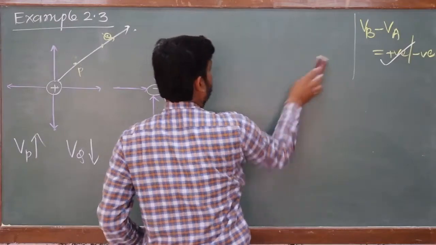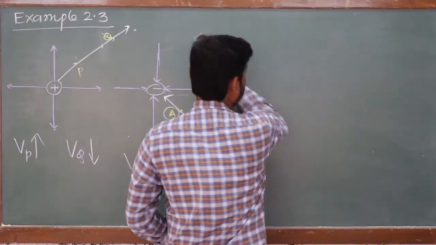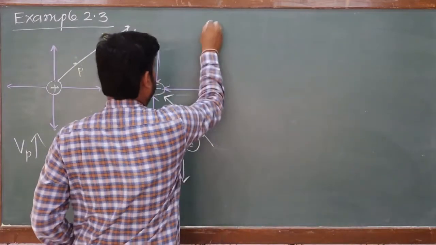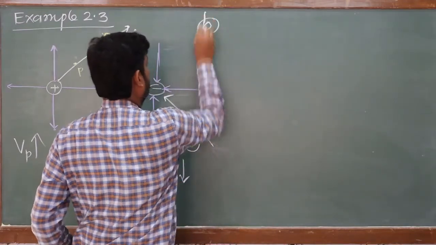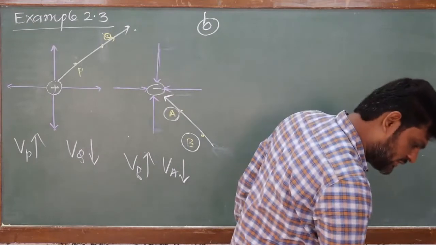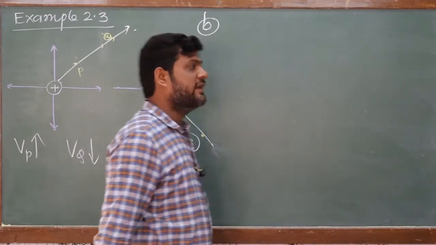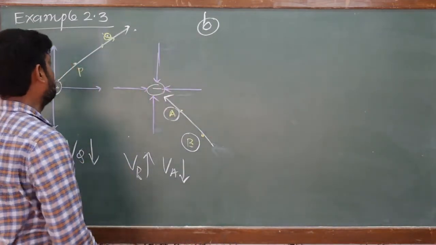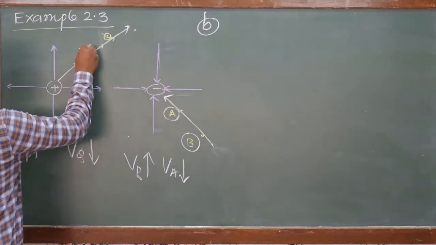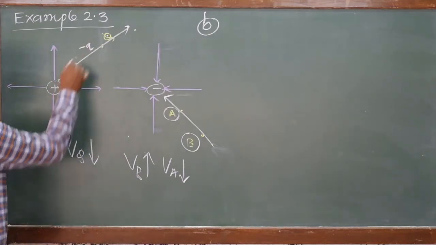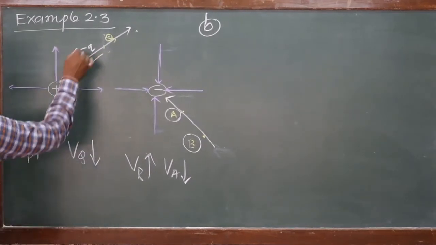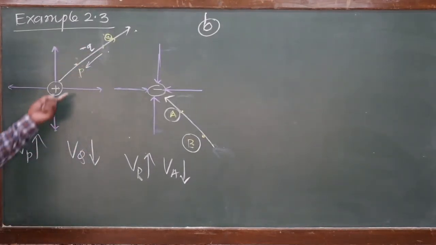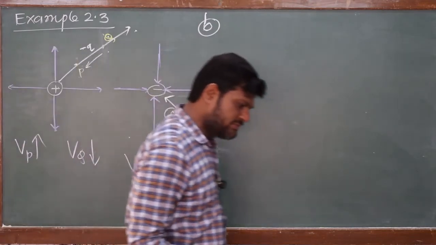Next question, question number 2. See the second question. Give the signs of potential energy while carrying a negative charge. Suppose we are having a negative charge and we want to carry this negative charge from Q to P. Let me see the first part first.